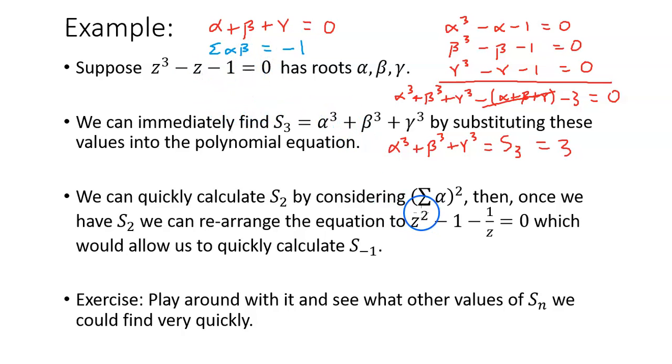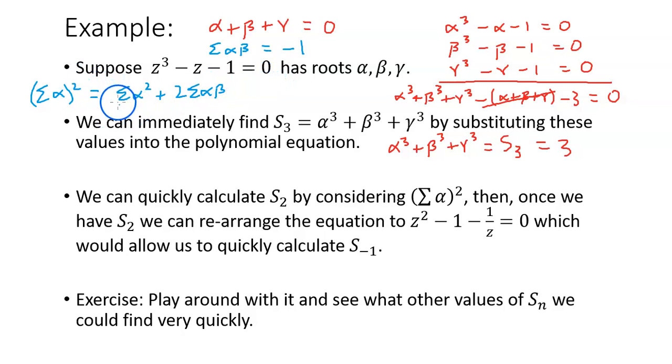Alright, and so considering the sum of alpha, we know the square of the sum of alpha is equal to the sum of alpha squared plus 2 times the sum of alpha beta.